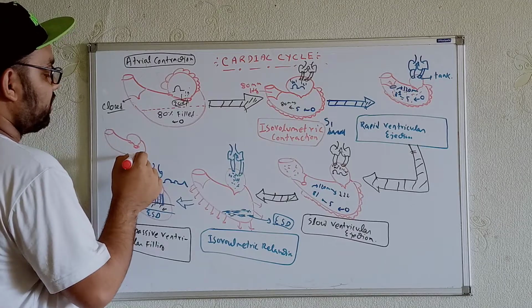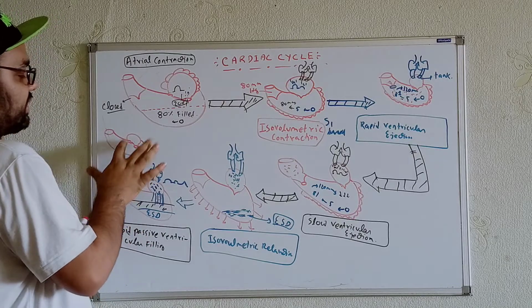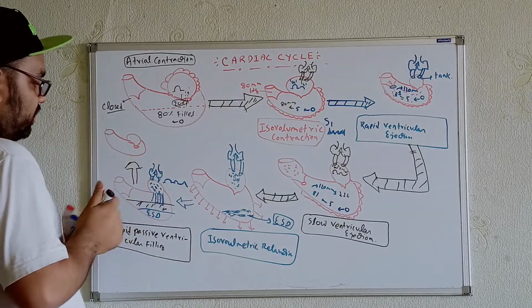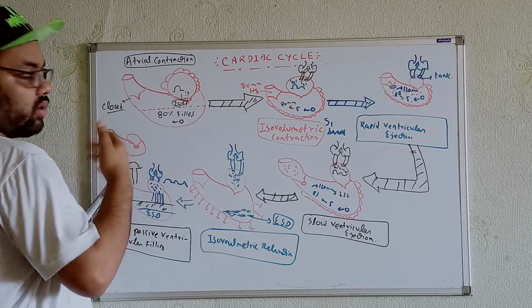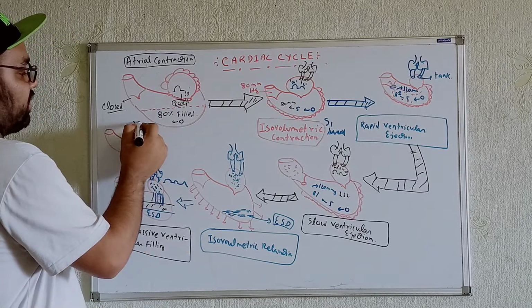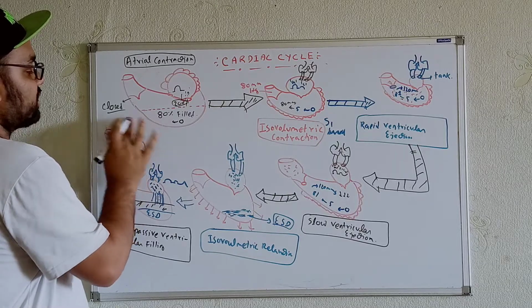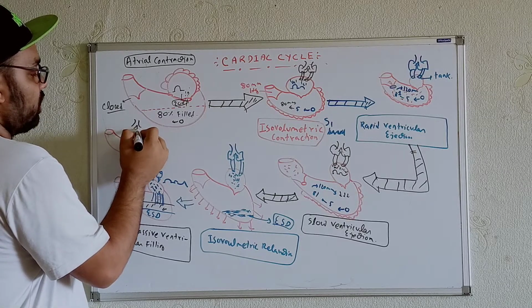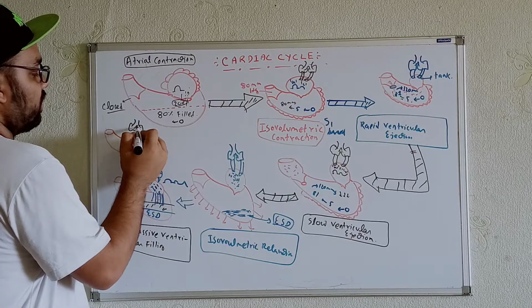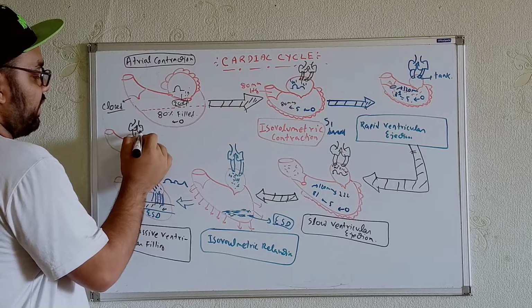This valve will close because the pressure within the ventricle is less than the pressure within the atrium. Now, in this time, the accumulated blood is finished. Okay, now we will get the blood from the lungs directly. Now the blood that will come from the lungs directly within the ventricle.